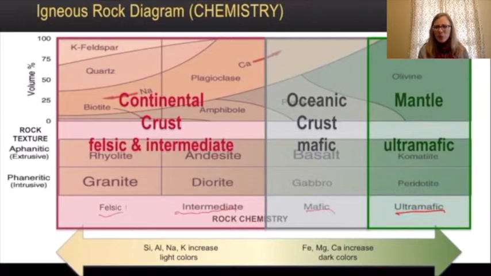What's really important to remember in this diagram is that as we go towards felsic and intermediate, the density is going to be low. The further we go that direction, the lower the density. The further we go this direction, the higher the density. Get that piece in your head, and it'll help you answer a lot of questions later on.